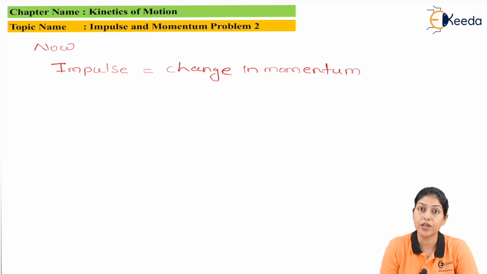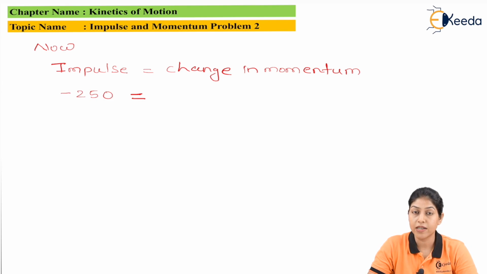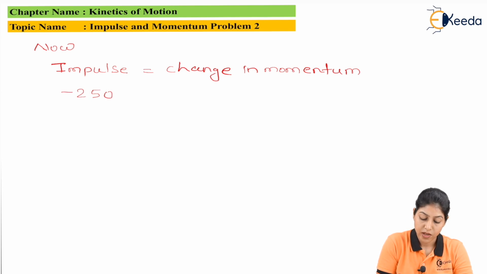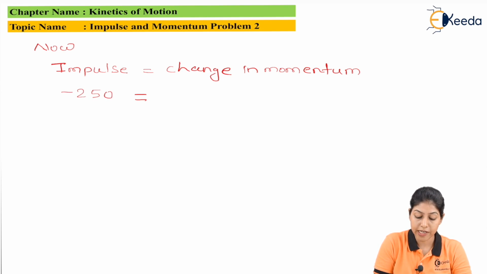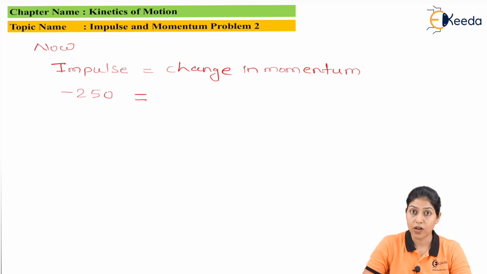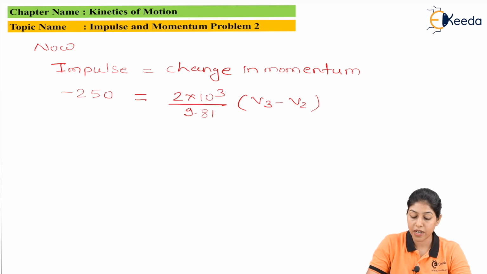So we put the net impulse, and for change in momentum we consider mass into velocity. So minus 250 equals mass into change in velocity. At 2.5 second we take velocity v2, and at 5 second we take velocity v3, and mass we can find out with the help of weight.